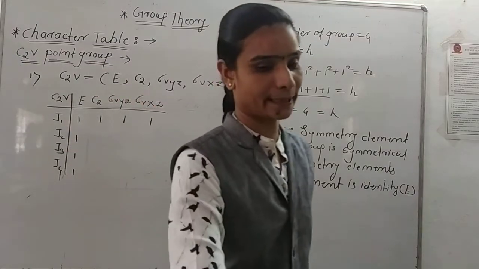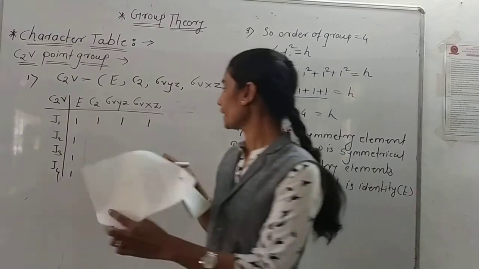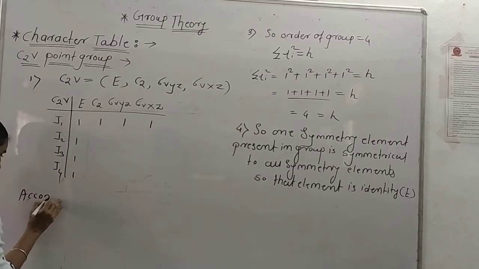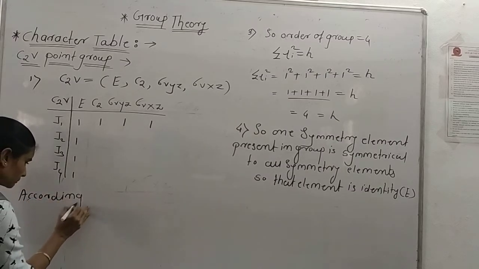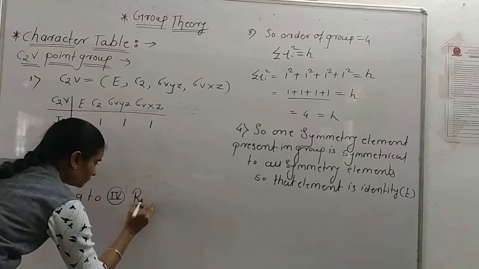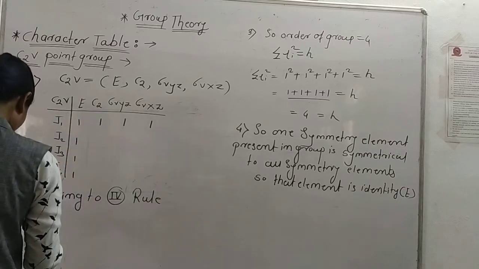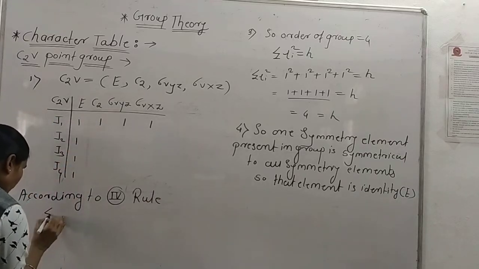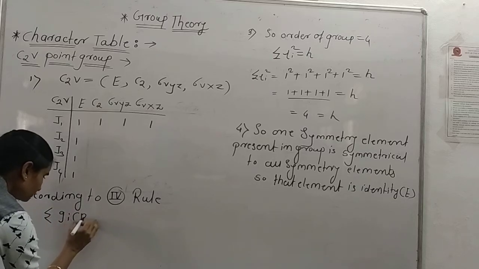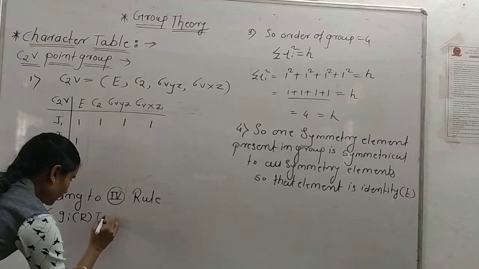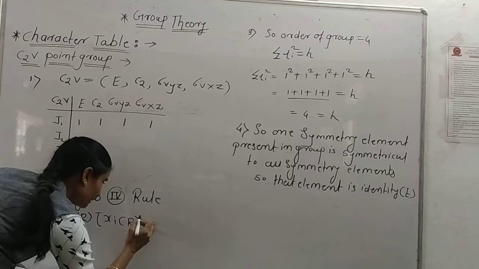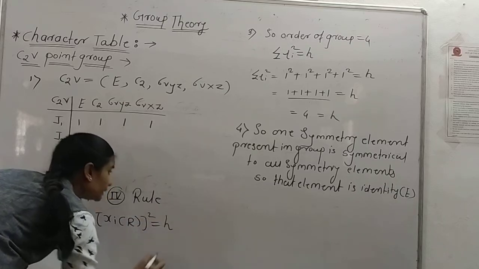Okay, now next, according to the fourth rule, that is the summation of Gi into R in bracket Xi R square is equal to h.